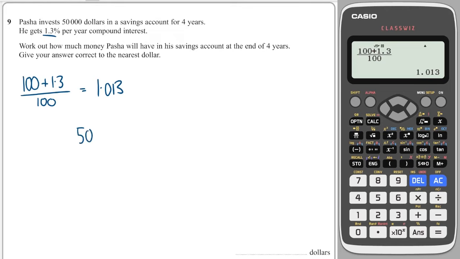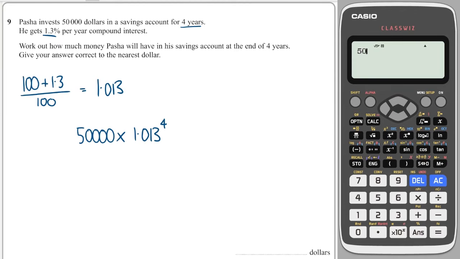Then I take my amount which I'm investing and I multiply it by the multiplier. But I want to do this 4 times. I want to do it every single year for 4 years. But rather than writing it out 4 times, instead what I can do is I can just multiply it by the multiplier to the power of 4.